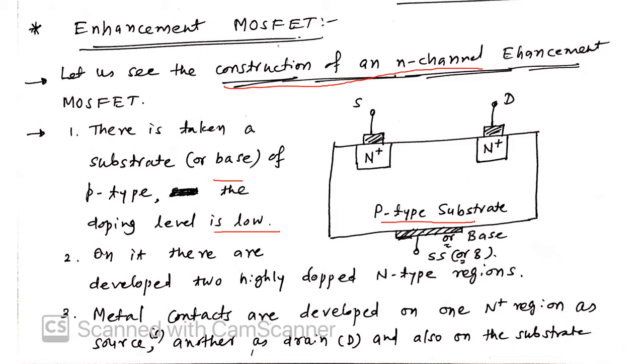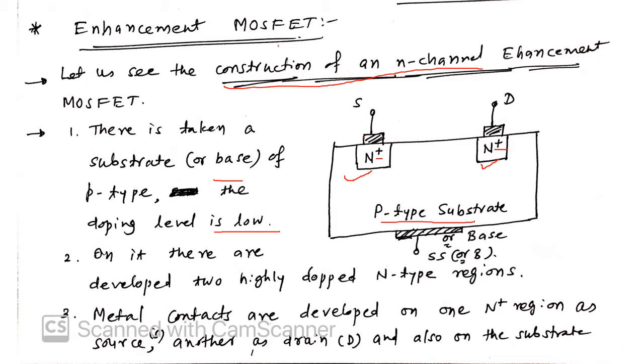Now on it these two regions are developed. These are two regions with very high N type doping. That is high doping, represented by N plus. N plus indicates a highly doped N region. Now on these there are contacts developed. On one side this is a metallic contact, that is the source.